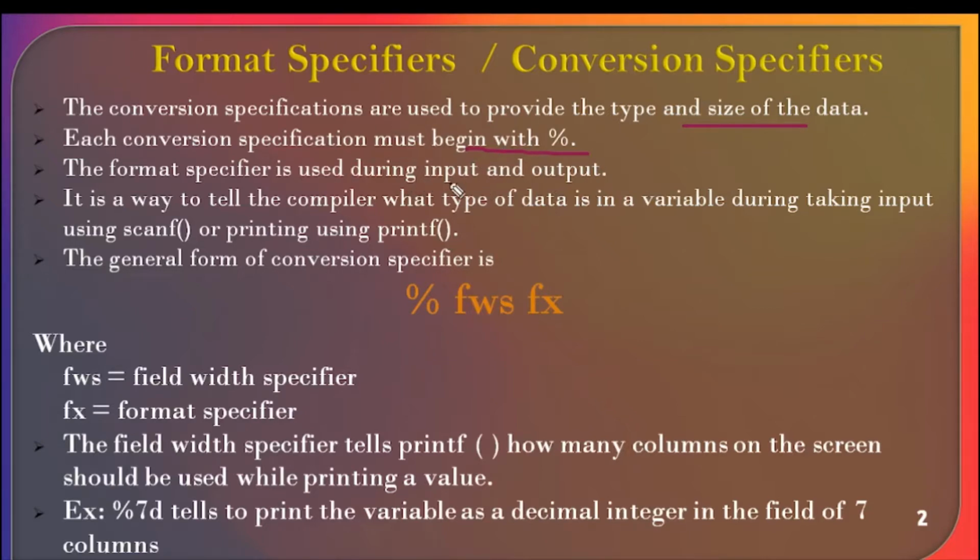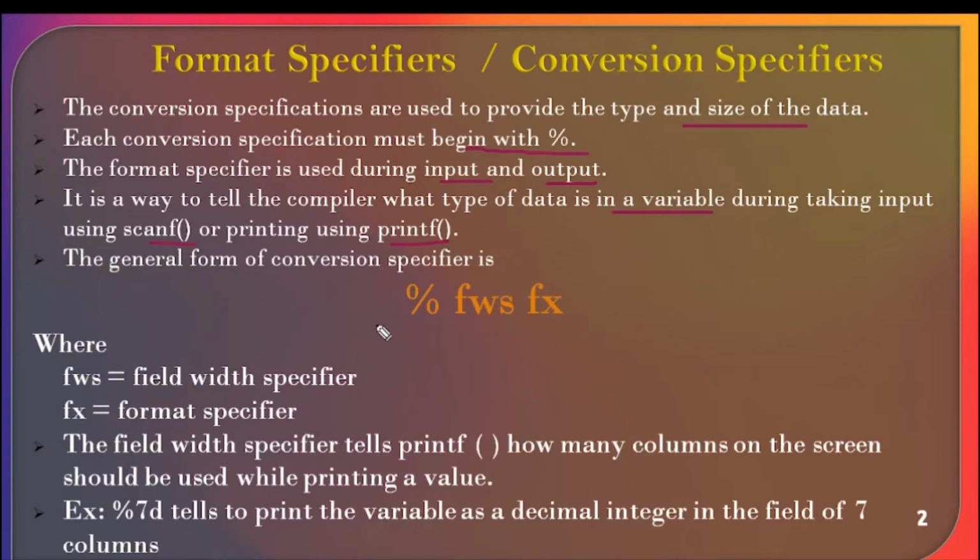These are used during input and output, which is giving and displaying on the console, and they are the way to tell the compiler what type of data is in a variable when taking input from the keyboard using the scanf function or printing on the monitor using the printf function.